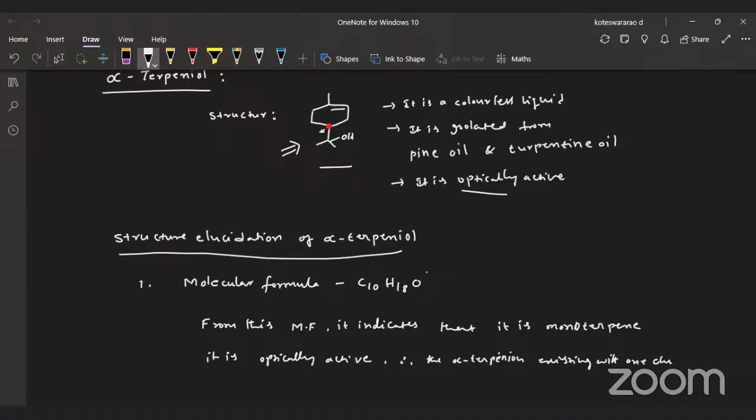This is from the simple observations of the molecular formula and the nature of the compound by simple physical properties, right?